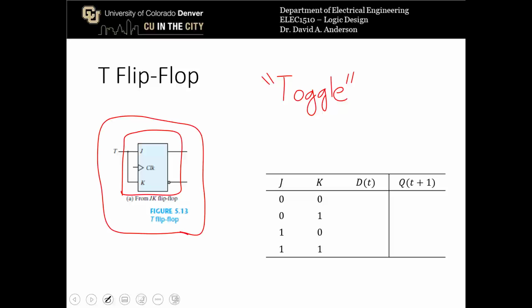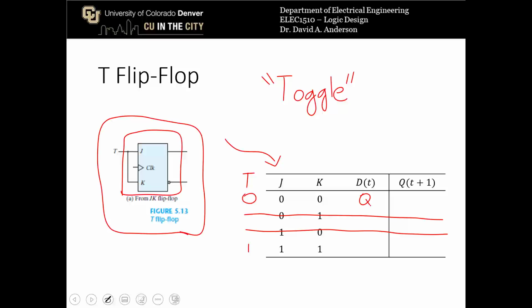This means that in the truth table, T can only be 0 or 1, and J and K can't be different, so we get rid of those lines in the JK flip-flop where it's different. When J and K are both 0, D of T was equal to Q for the JK flip-flop, meaning Q of T plus 1 is equal to Q, indicating no change.